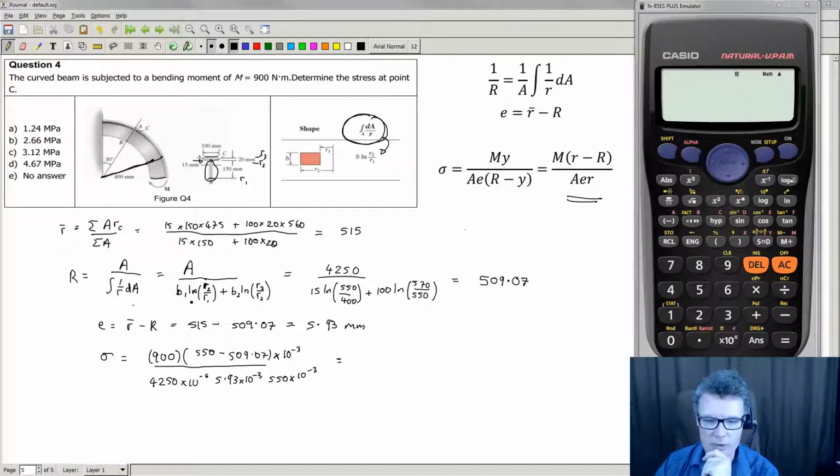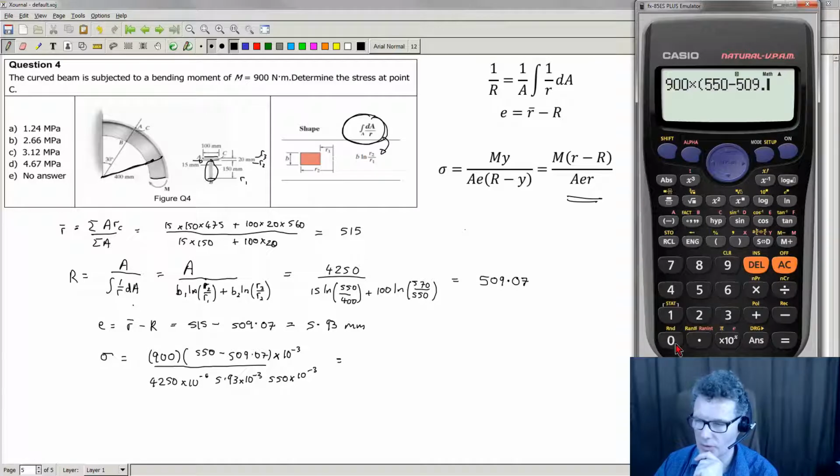Okay, I can't see where I've gone wrong, so I'm just going to try. Must have done a calculator mistake. 900 times 550 take away 509.07, close my bracket, divide that by 1000. Ooh, that was different. Divided by 450 to minus 6 times 5.93 times 550 to minus 3.